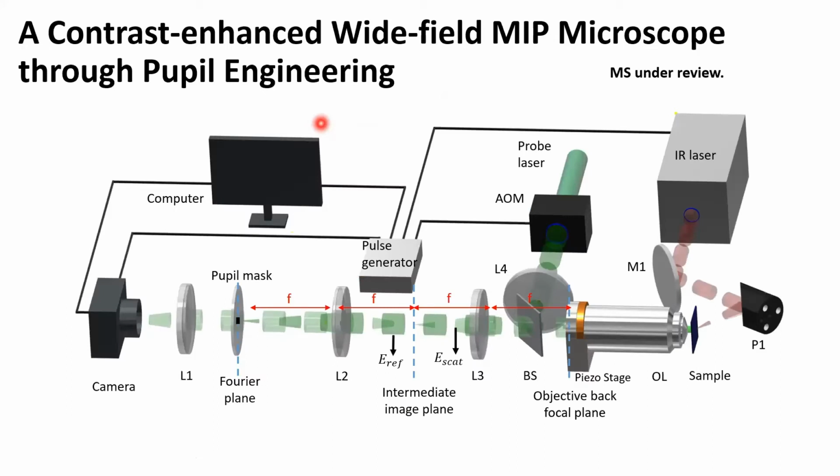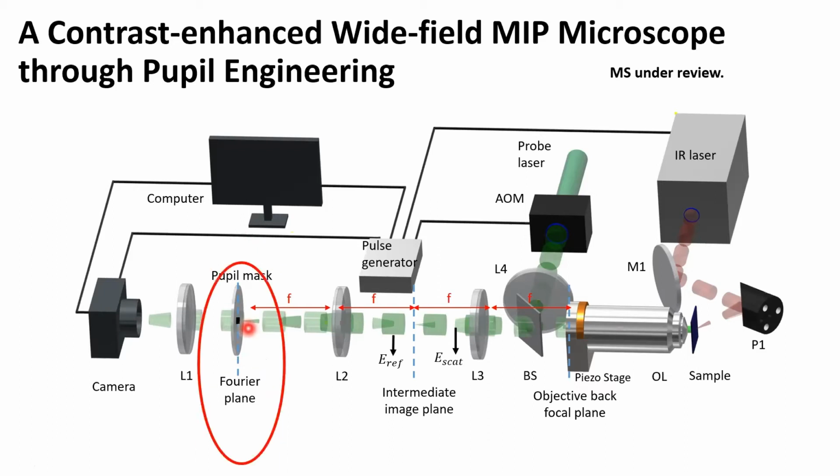We have a follow-up study now to further enhance the contrast in this wide field MIP microscope through pupil engineering. At the Fourier plane of this wide field microscope, we add a pupil mask. This pupil mask detects the scattering but blocks most of the reflection photons. This is an intrinsic limitation in a wide field microscope.